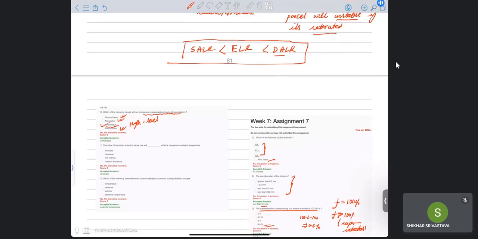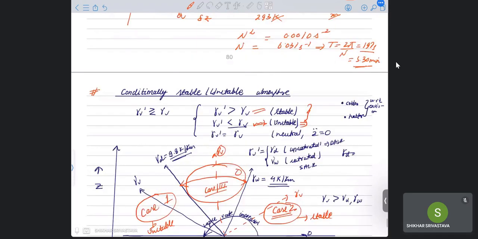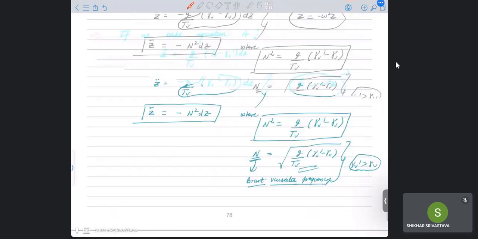The value of the saturated adiabatic lapse rate will decrease with a decrease in ambient temperature. We have the formula for the saturated adiabatic lapse rate, so from that you can calculate.